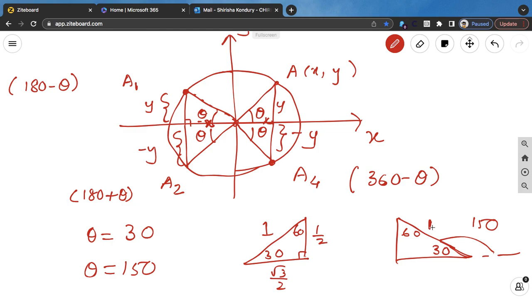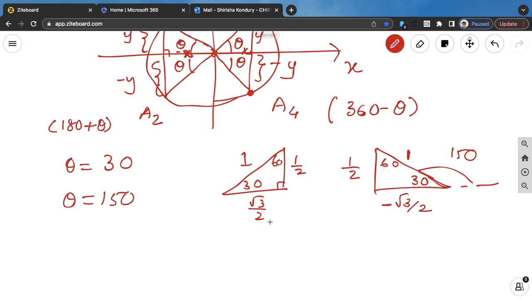If hypotenuse is 1, I'll still have the opposite side and adjacent side of the same value. However, now I know that the adjacent side is along the negative x-axis, so minus.